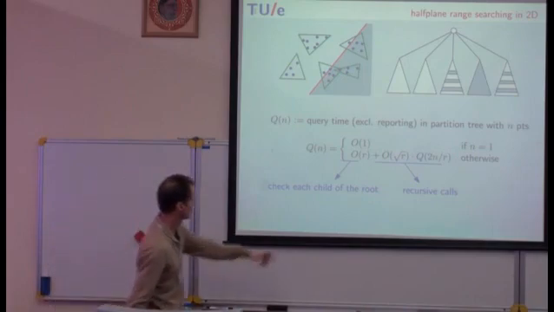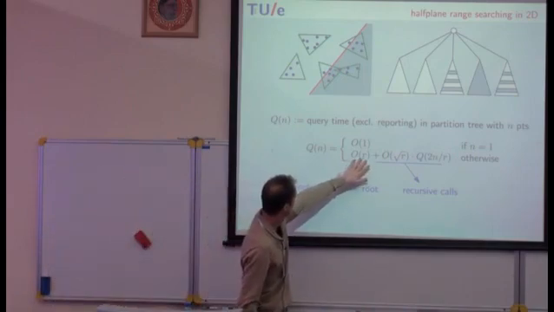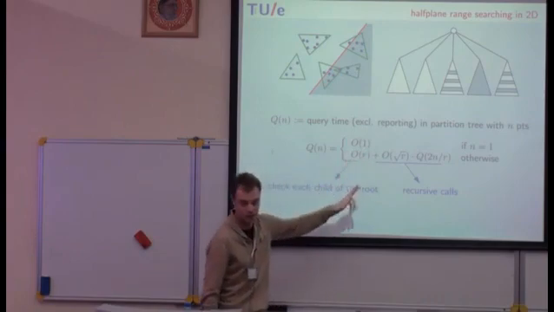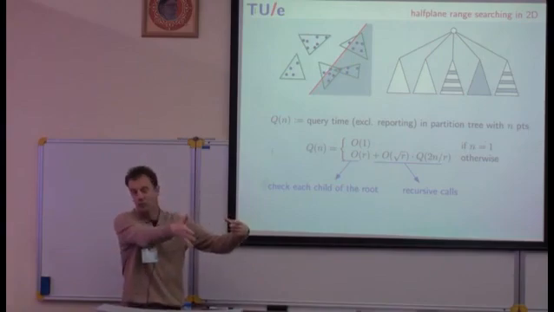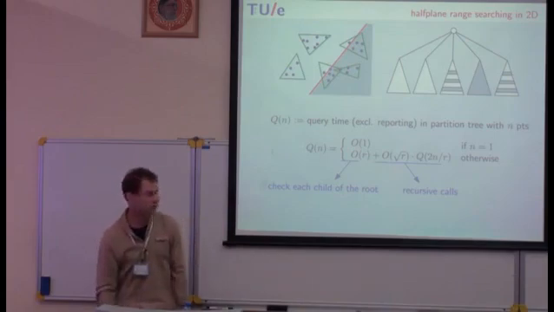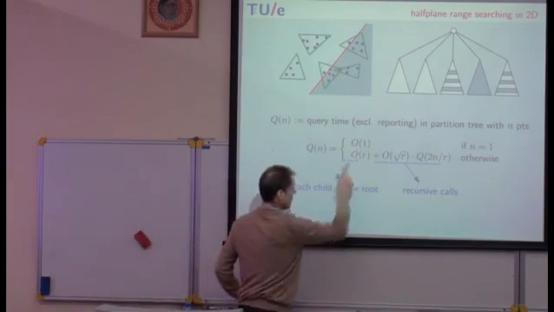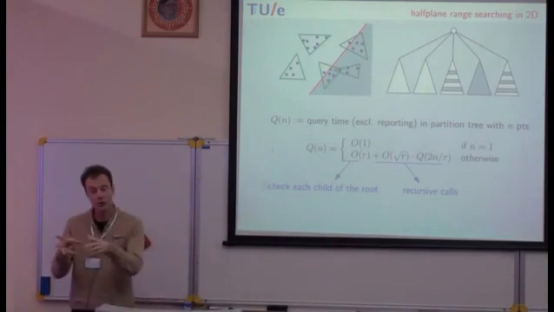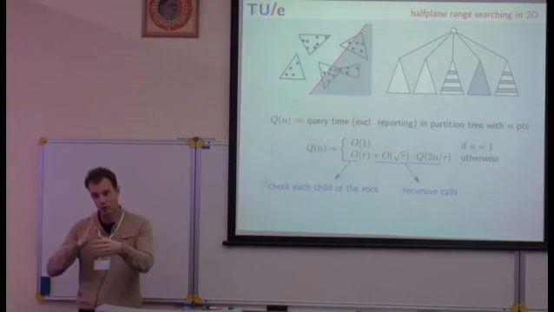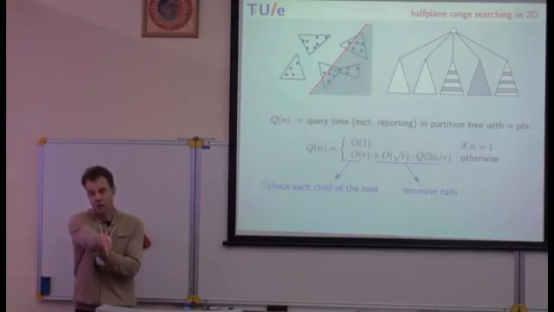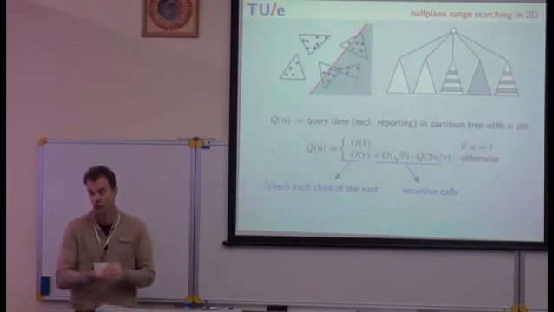Otherwise, for each of the children, so I actually have r children, I'm going to check: is the triangle contained in my half plane or partially contained or disjoint? So that's O(r) time. And then only for the ones that are partially inside, so only for the ones that are intersected by the line that is the boundary of the half plane, for those you go into recursion.